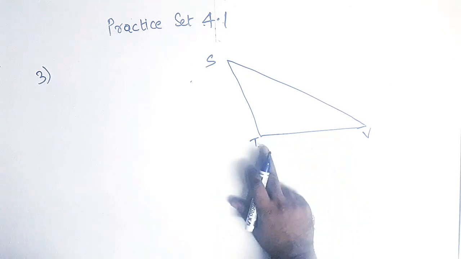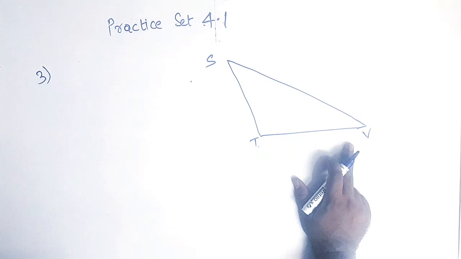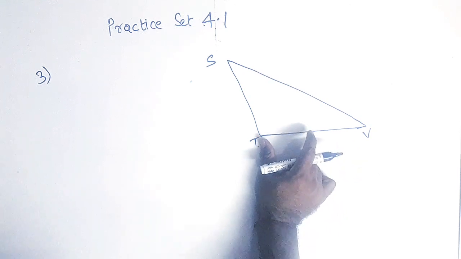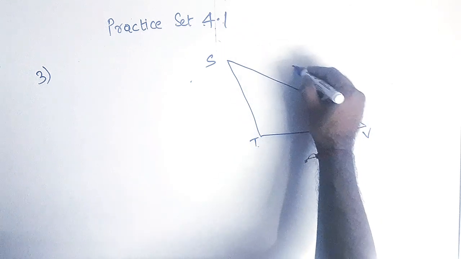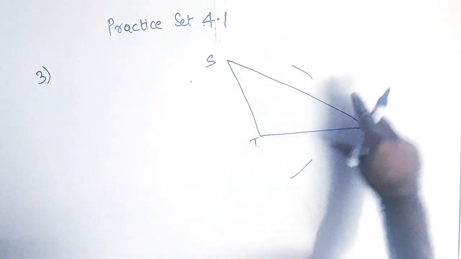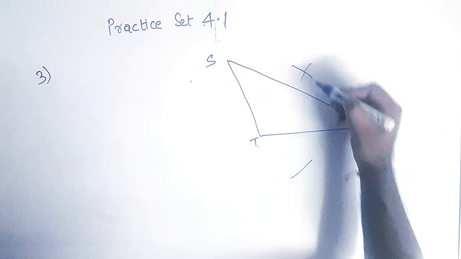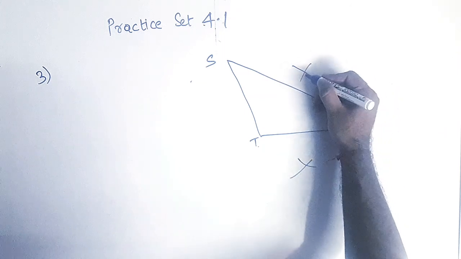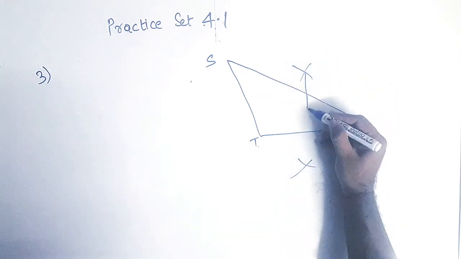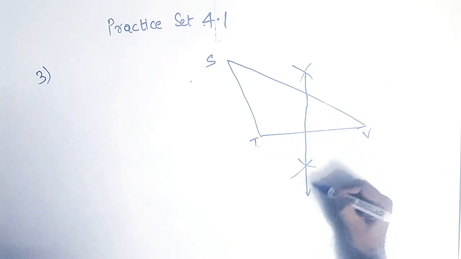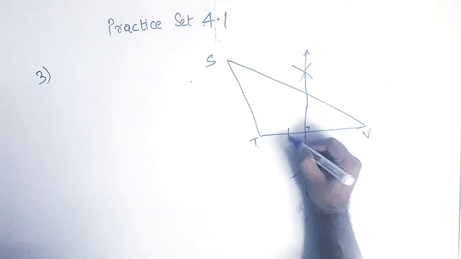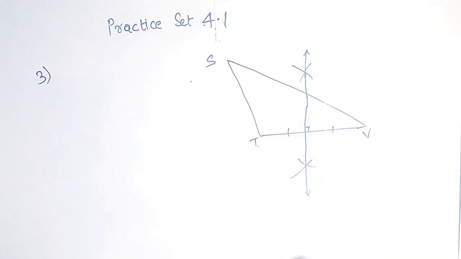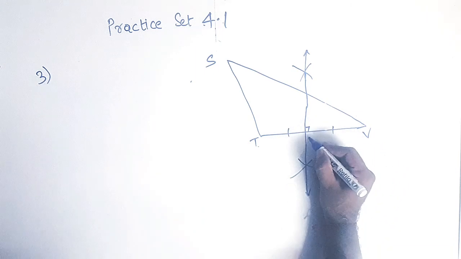We want to find the midpoint of TV. How will we find it? Place the compass on T, take the measure more than half, draw two arcs. Same on V, don't change the radius. Now join these. This is the perpendicular mark, these are identical marks. We got, let us say, L.